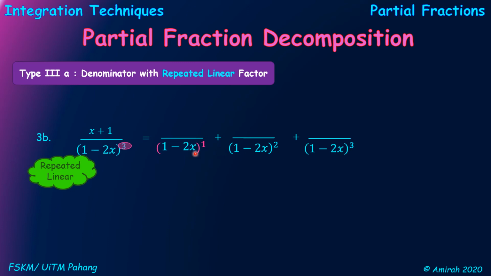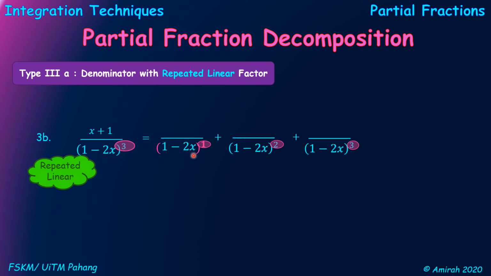So the concept for a repeated linear factor: if we have a linear factor to the power of 3, we need to repeat from the power of 1, the power of 2, and we stop at the power of 3 because the given denominator here is to the power of 3.